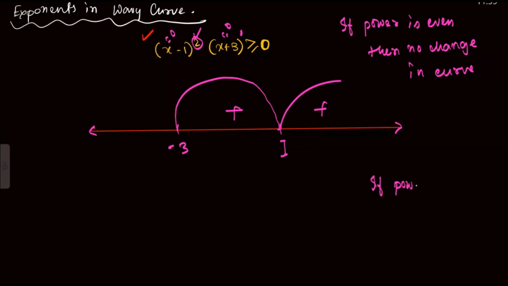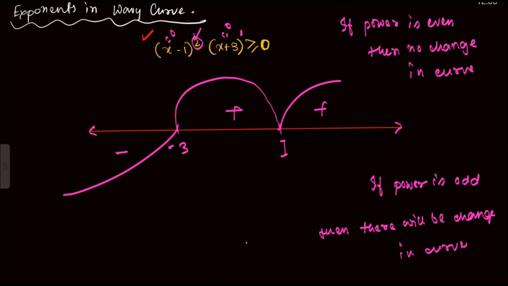If the power is odd, then there will be a change in the curve. If the power is even, no change; if odd, it will go down as there will be a change.